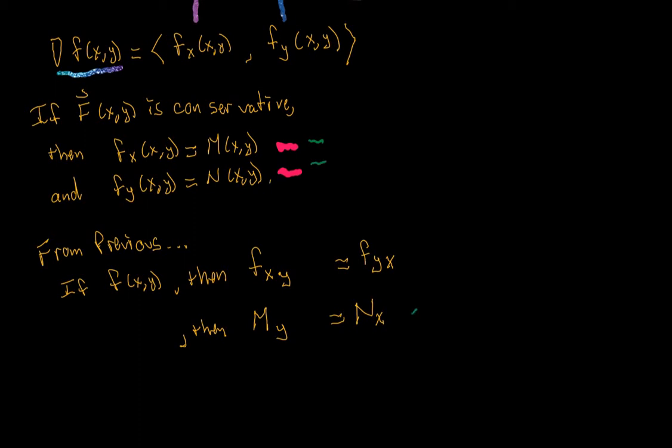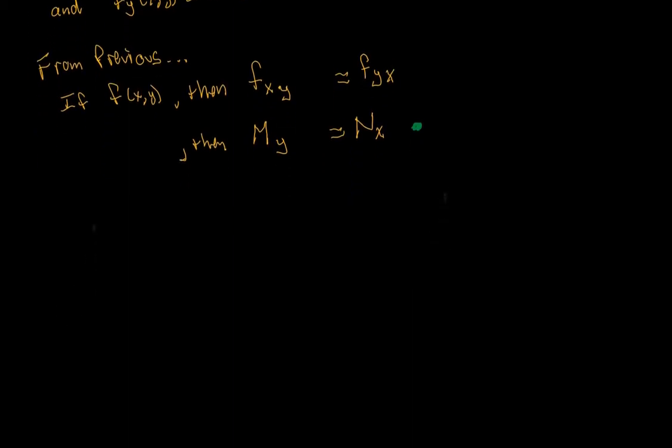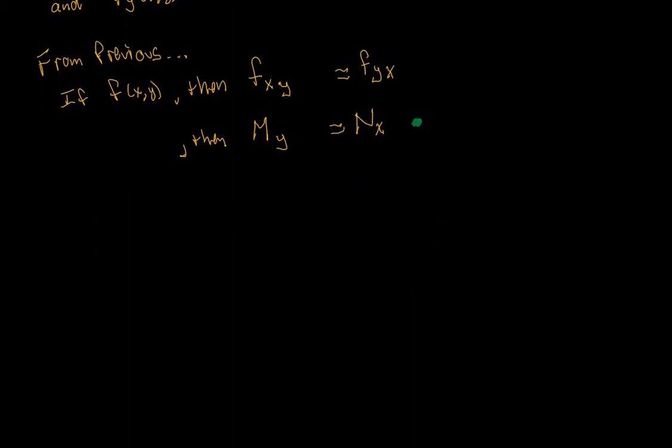So this little piece of information here is sort of the magic trick that we're going to have to do. This is the piece of information. So I'm going to write it out as a statement then.